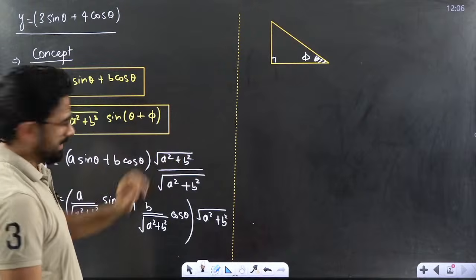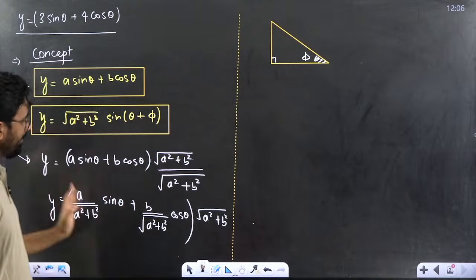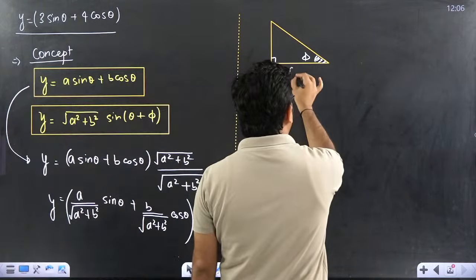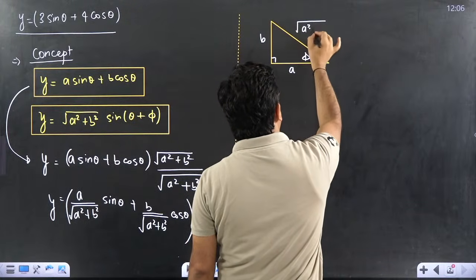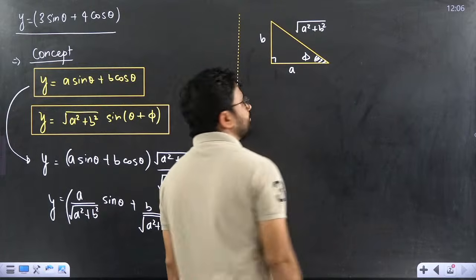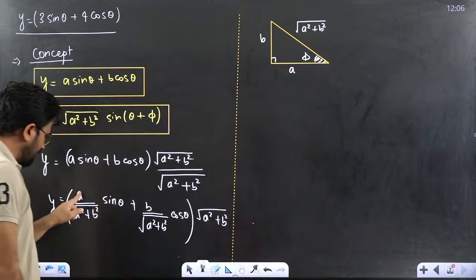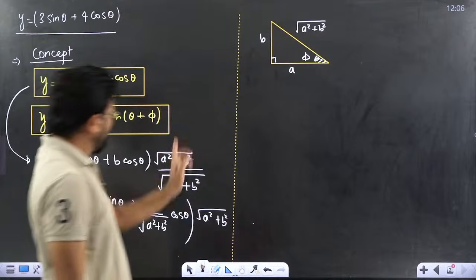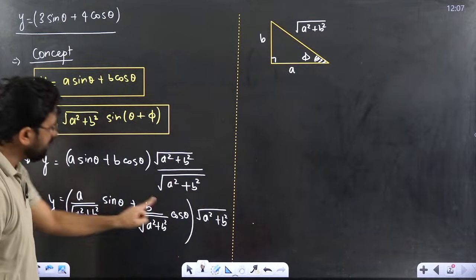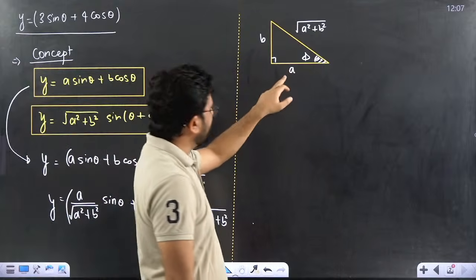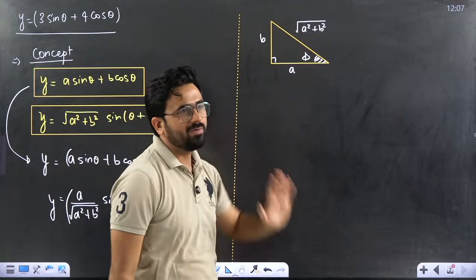Suppose this value is a and this value is b, so the hypotenuse would be under root of a square plus b square. Again, the coefficient of sin theta is a, the coefficient of cos theta is b, so I am taking a here and b here, and under root of a square plus b square.